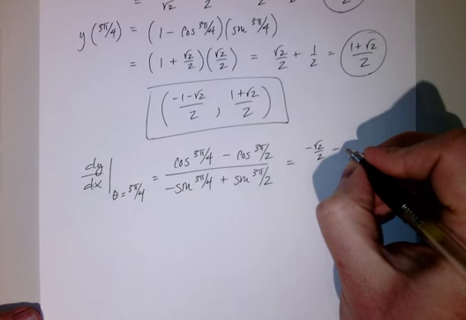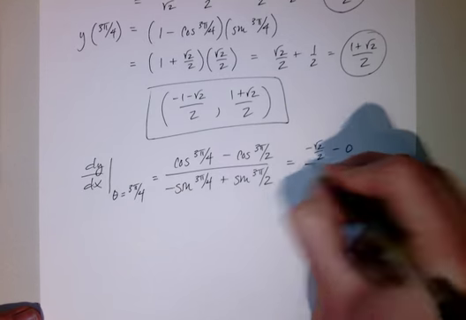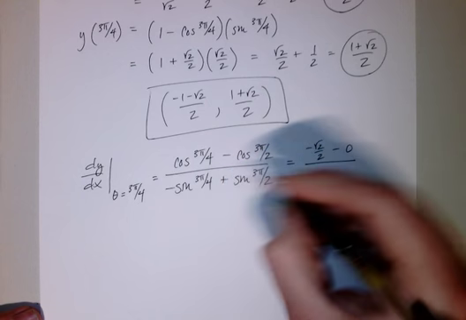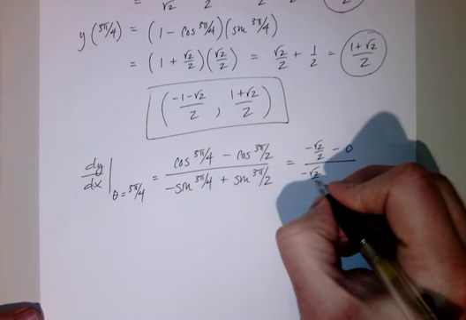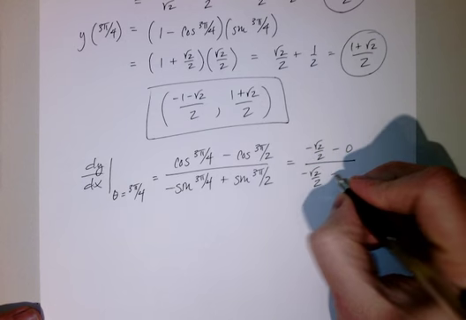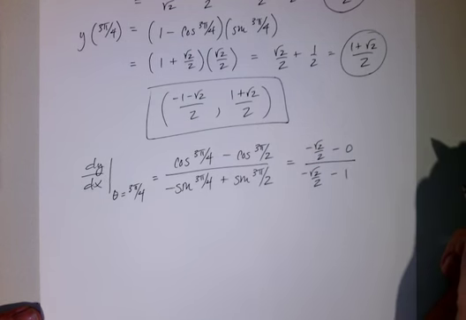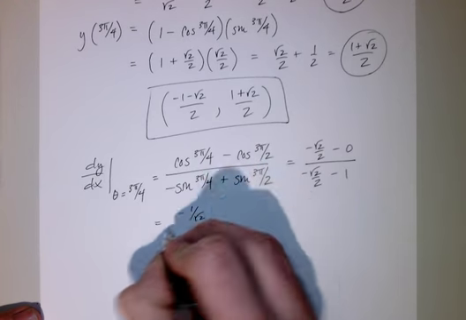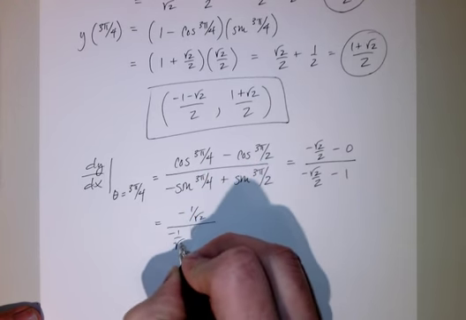Cosine of 3 pi over 2 is going to be 0. Sine of 3 pi over 4 is going to be positive root 2 over 2, but you have that negative out in front. And sine of 3 pi over 2 is negative 1. Okay? And of course, that really is negative 1 over root 2 minus 1.